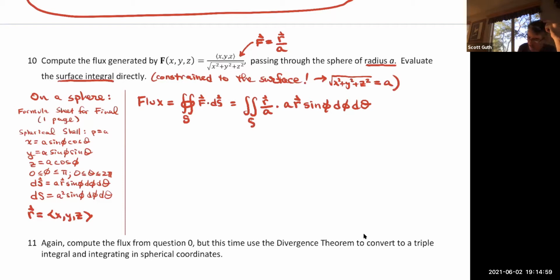I'll go ahead and leave the s down there for a bit. The first thing to notice is that a cancels, and you end up with R dot R, which is the magnitude of R squared.